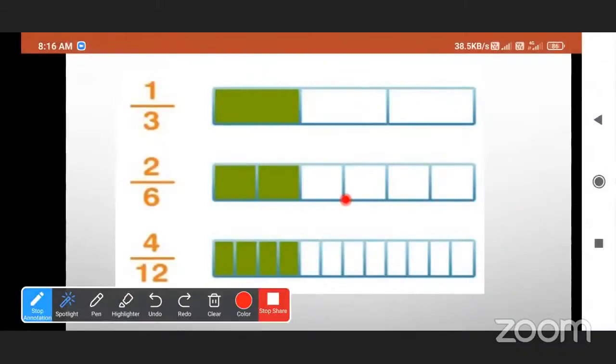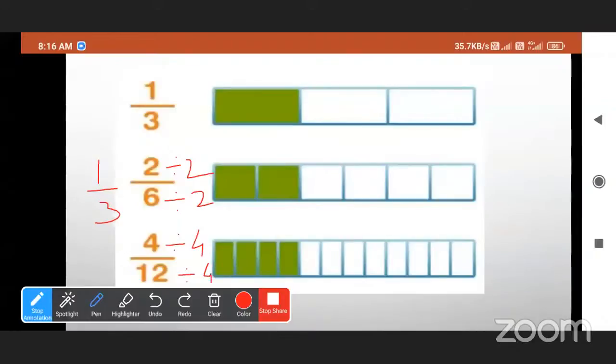If we divide the second fraction by 2, then what will we get? If we divide 2 by 2 and 6 by 2, then what will we get? 1 and 3. Okay, now in the third one, we divide both numerator and denominator by 4.